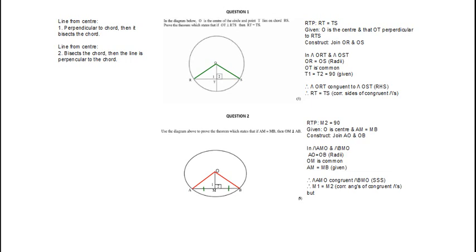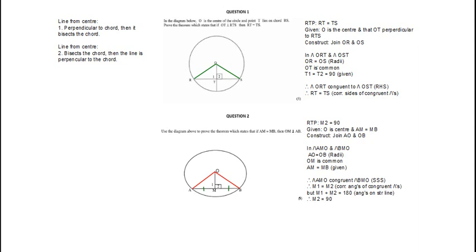But M1 plus M2, they are equal to 180 degrees because they are angles on a straight line. Therefore, angle M2 is equal to 90 degrees.